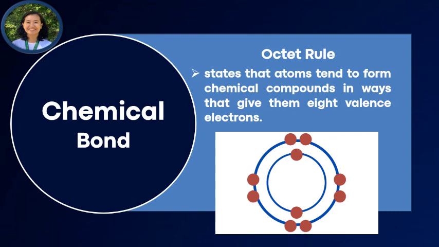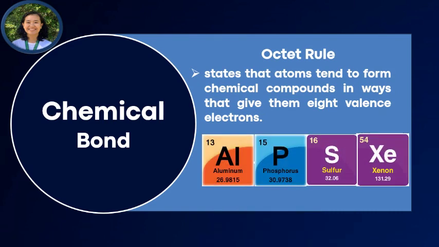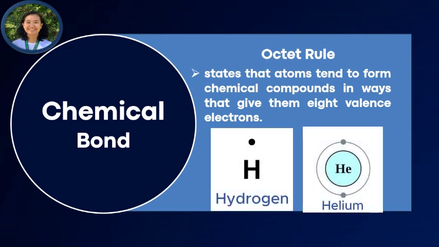Notice, class, that some elements are exceptions to the octet rule, including aluminum, phosphorus, sulfur, and xenon. Also, hydrogen and helium, because hydrogen and helium follow the duet rule since their valence shell only allows 2 electrons. These elements will always hold a maximum of 2 electrons.